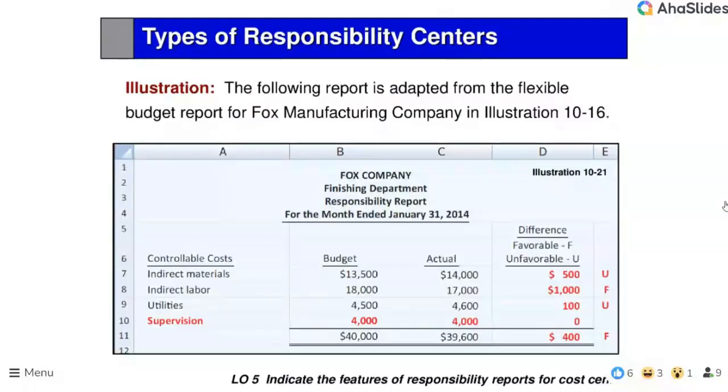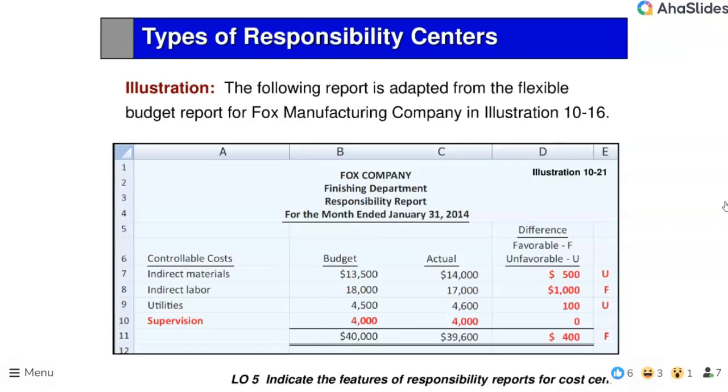Now, supervision here is a fixed cost, but we're going to include that in this manager's department because that manager has control over supervision. So supervision is a controllable cost: a fixed cost, but controllable.